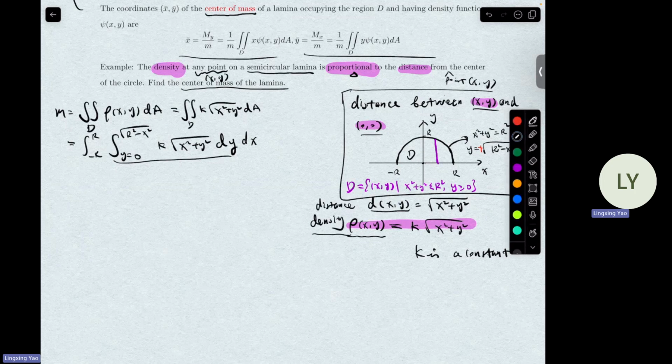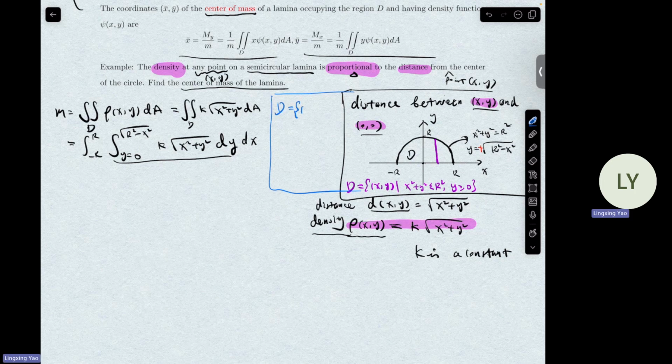So one way we can see is this looks like a nice semicircular region. So how about we represent this using polar coordinates? In polar coordinates, this domain D is going to be represented by r and theta. Okay, so r is pretty easy. r is between 0 and big R. This big R is supposed to be a given number.